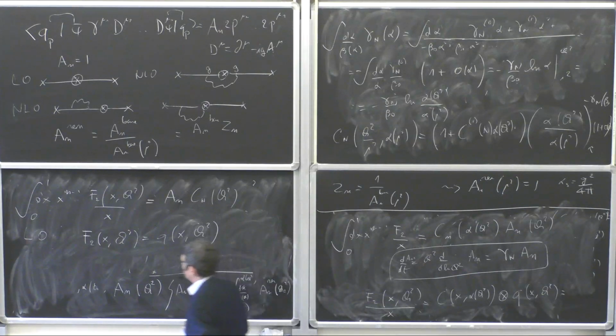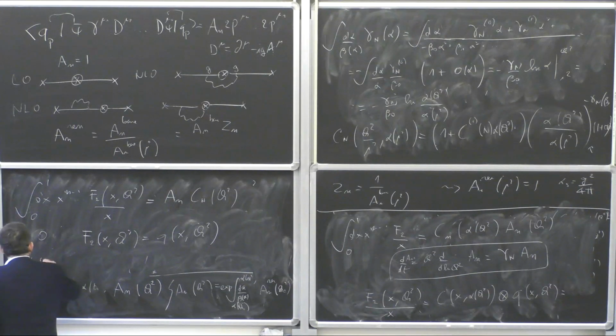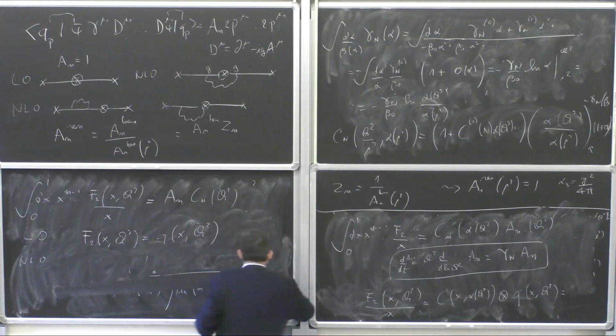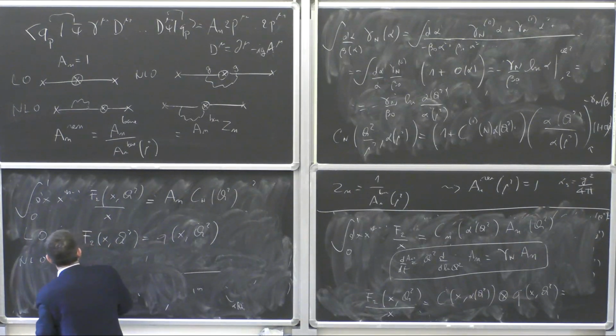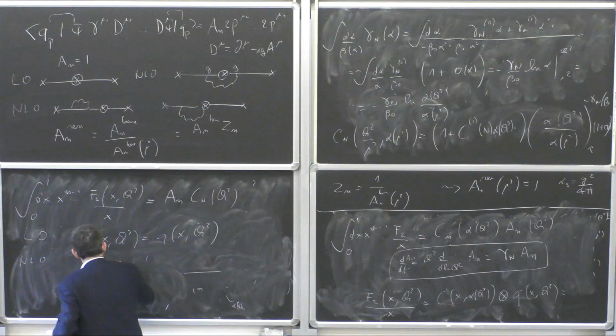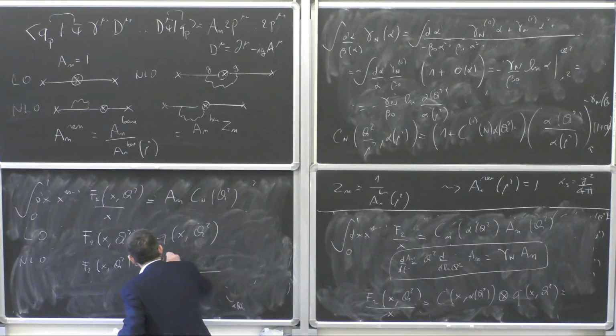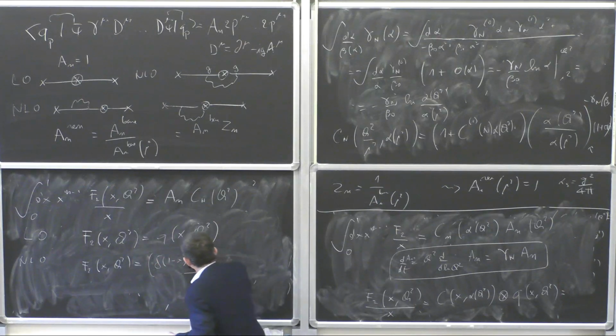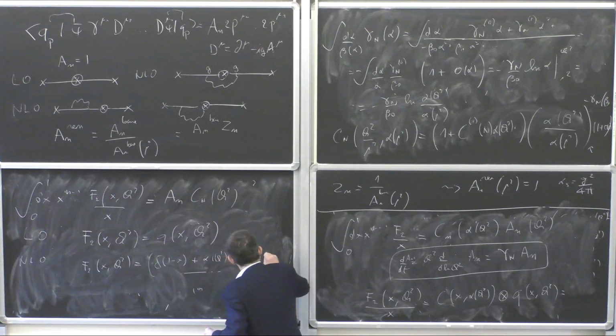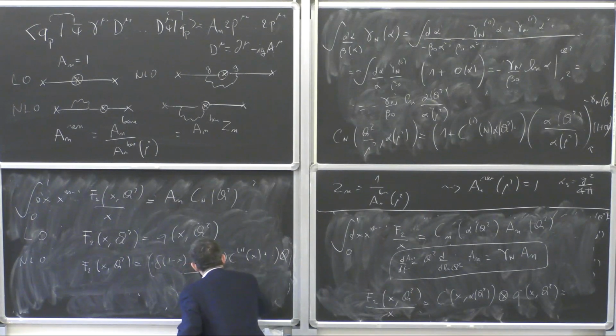And then next to leading order, of course, I'll have that F2 of x and Q squared is equal to delta(1 minus x) plus alpha_s(Q squared) C1 of x plus dot, dot, dot, convoluted with q of x and Q squared. And let me write leading order, next to leading order.